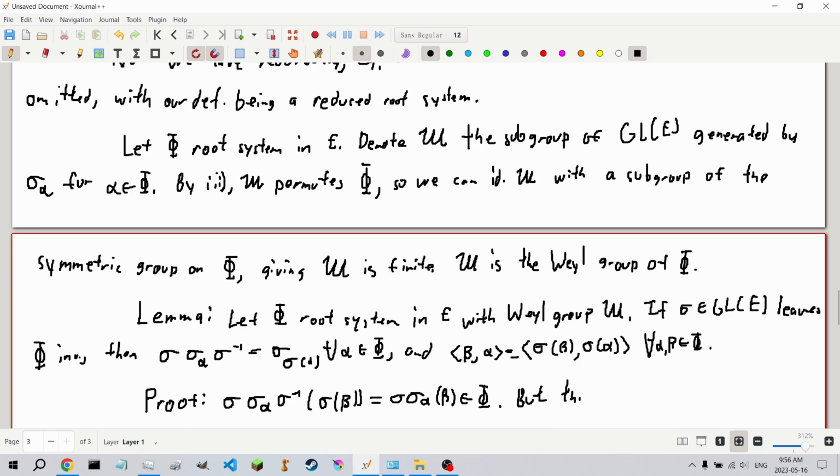But this is just sigma of beta minus bracket of beta and alpha on alpha.